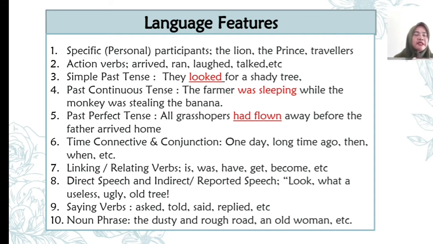And then past perfect tense. For example, all grasshoppers had flown away before the father arrived home. Nah, ciri-ciri past perfect ada had plus verb 3. Flown artinya all grasshoppers flown away ya. Semua belalang sudah terbang menjauh sebelum ayahnya tiba di rumah.